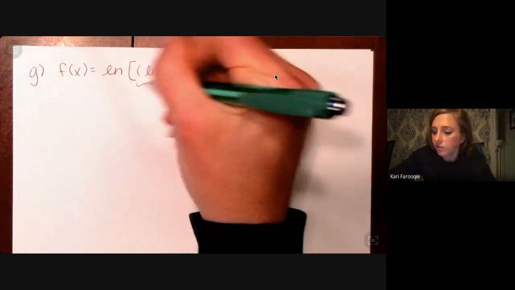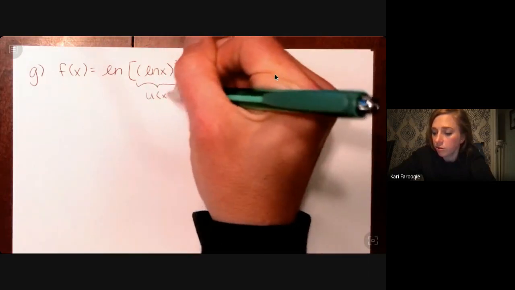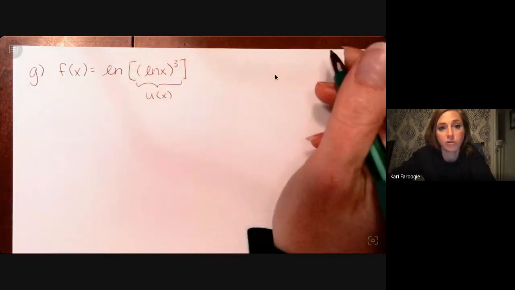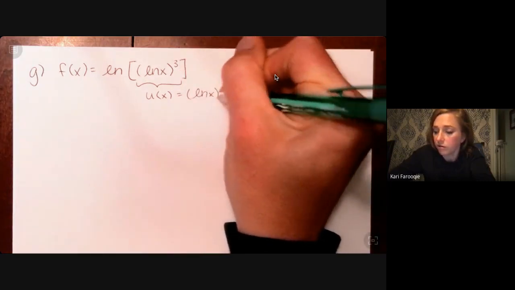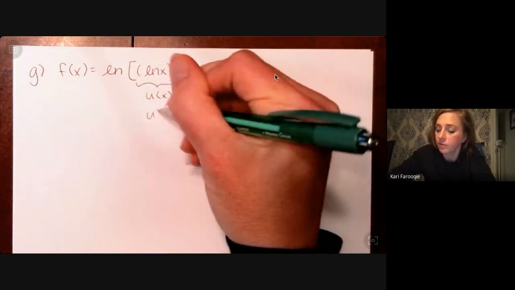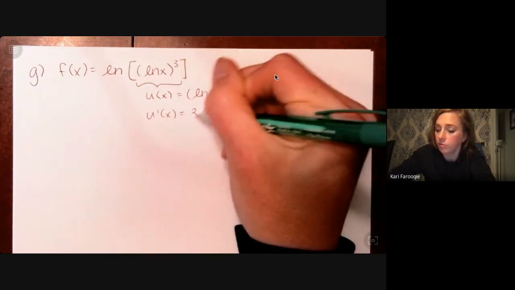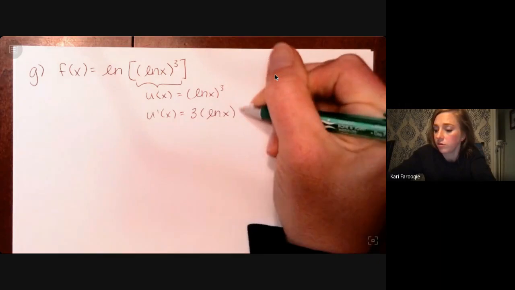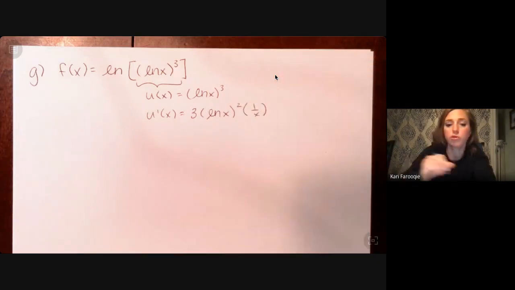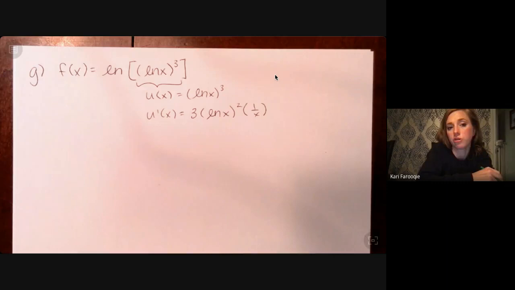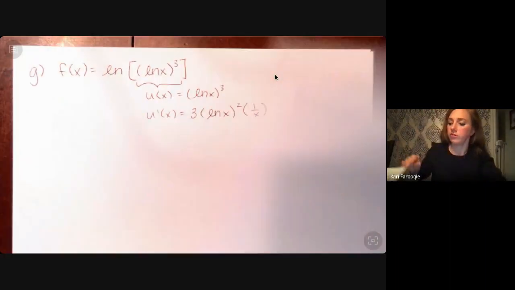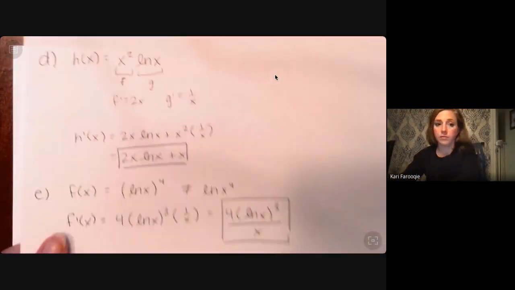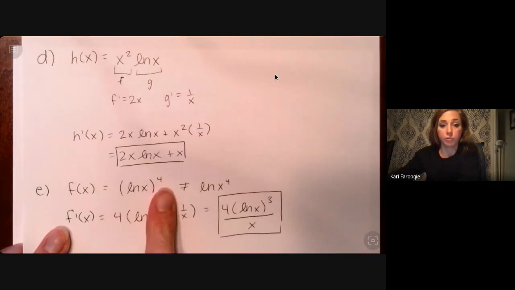So you can let this inside function be your u of x. So you're taking the natural log of some function u of x. So u of x is the natural log of x cubed. And then u prime is going to be 3 times the natural log of x squared, and then use the chain rule to chain on the derivative of the inside function. So u of x actually looks very similar to what we did, if you'll recall, for example, e, you had the natural log of x to the 4th power.